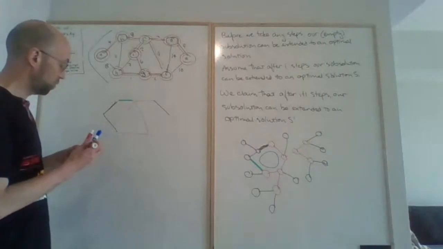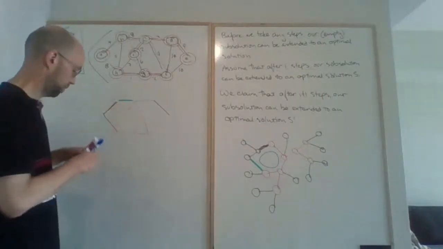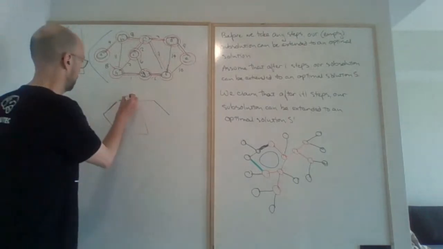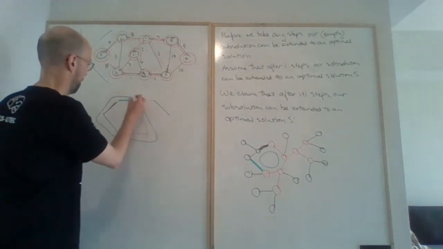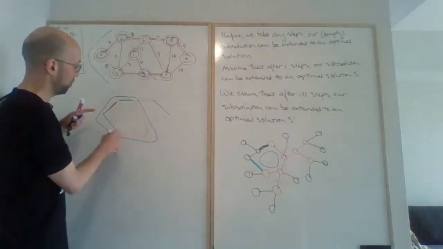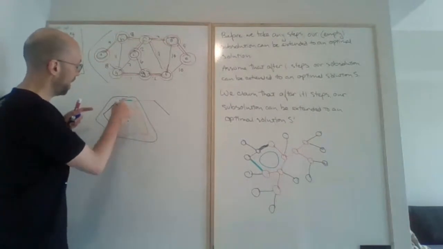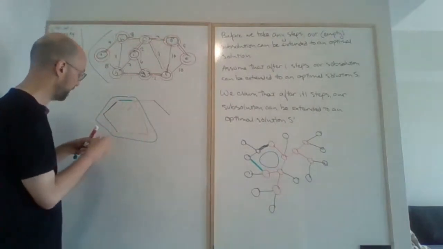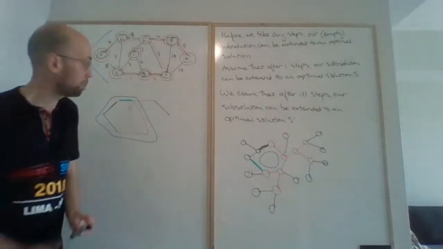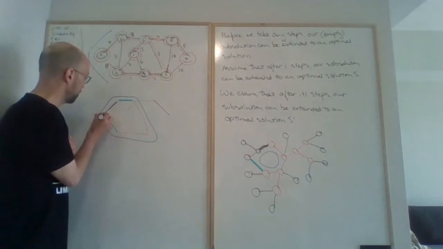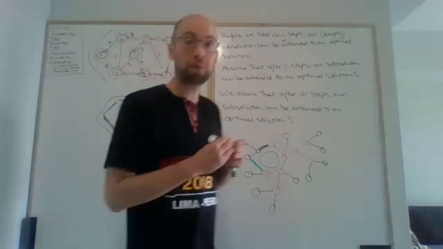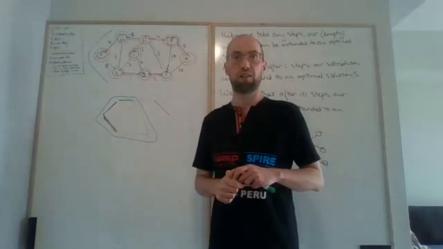Okay. So now if we add this green edge, it creates this cycle. This green edge leaves the red tree, but the cycle has to come back into the red tree, so it has to have a black edge that is incident to the tree. This black edge cannot be cheaper than the green edge.